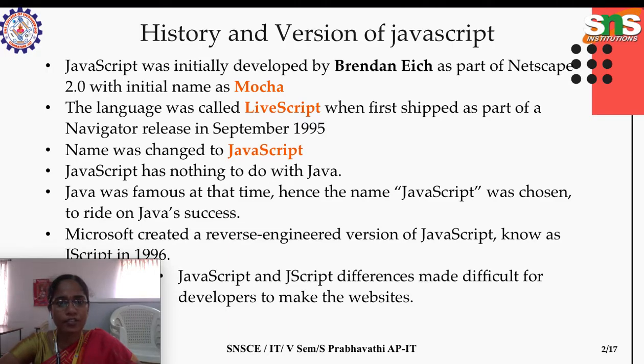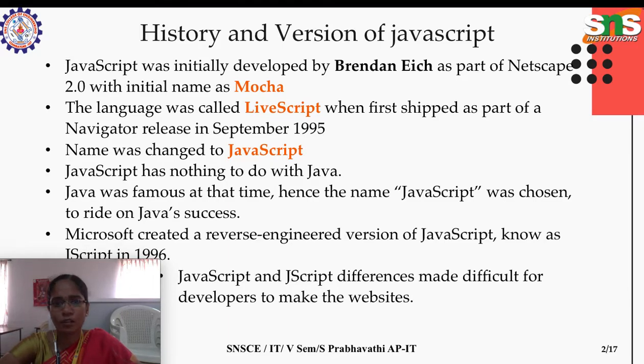So to ride along with the popularity of Java, the developer named this scripting language JavaScript. That's it. It of course follows a similar syntax to today's programming languages like C, C++, and it is more closely related to the syntax of Java. Apart from that, there is no relation between Java and JavaScript. Okay, so please keep that in mind.